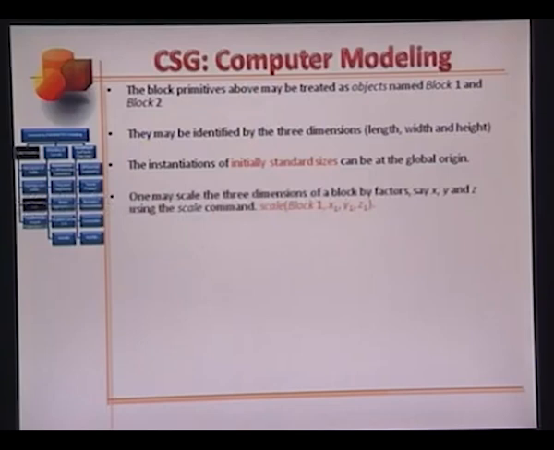One may scale the 3 dimensions of a block by factors x, y, and z using, say, the scale command. Look at the representation in red, which says scale block 1 by factors x1, y1 and z1. This is the scaling operation.